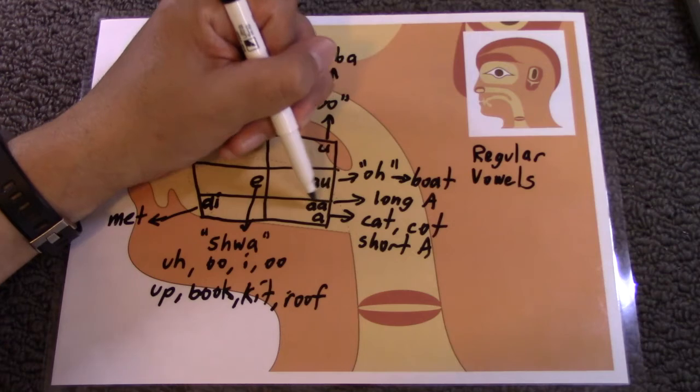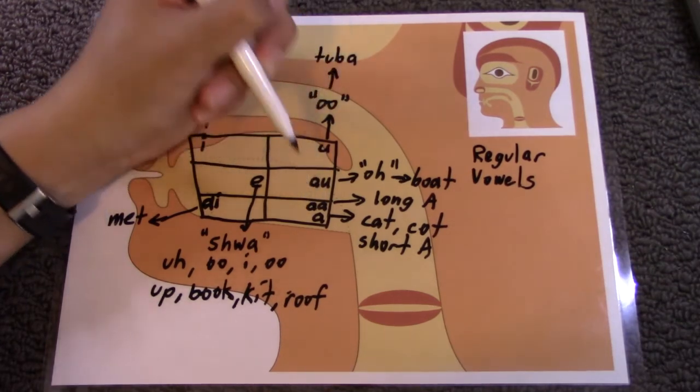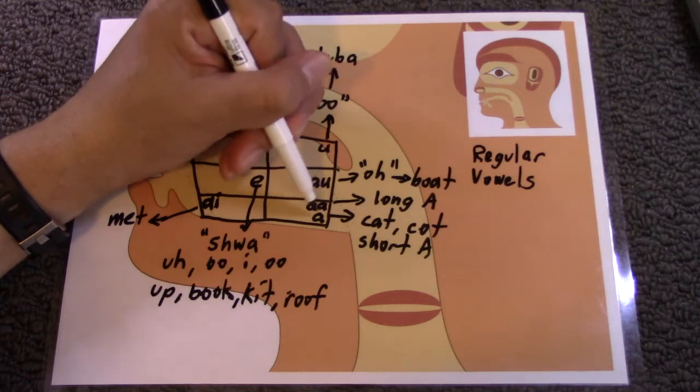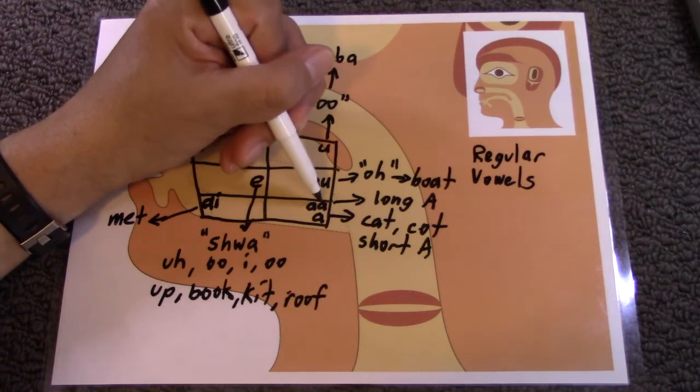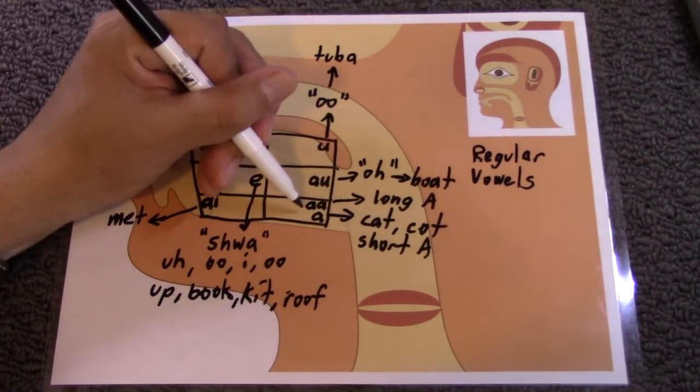I'm exaggerating that a little bit just to show the difference between them. It's not going to be quite that long usually, but you will hold on to this A sound a little bit longer when you see those two A's together.